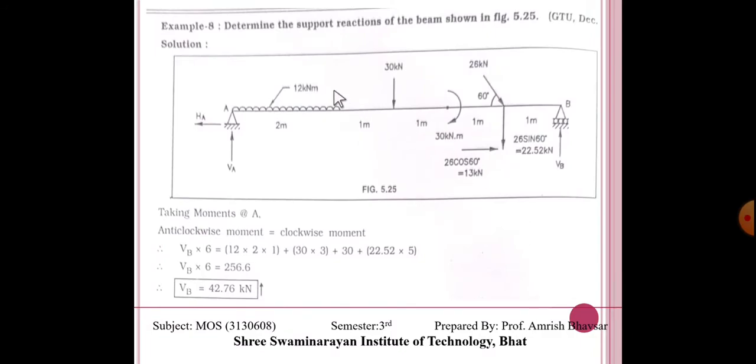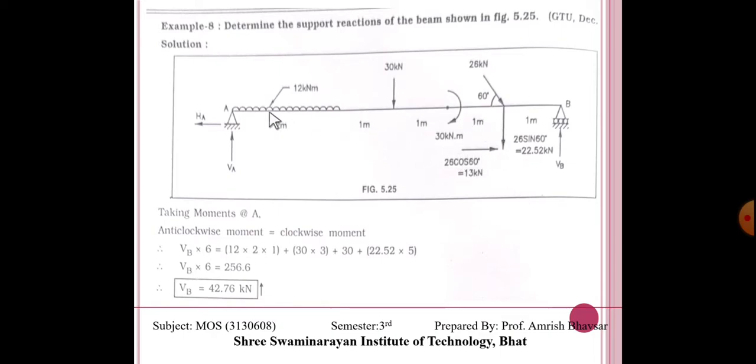Now, this is the most important case. Here we have a UDL, a point load, a moment, and an inclined force. This is a simply supported beam having support at A and support at B. Due to this inclined force, we will get two components: one is downward and another is towards the right.